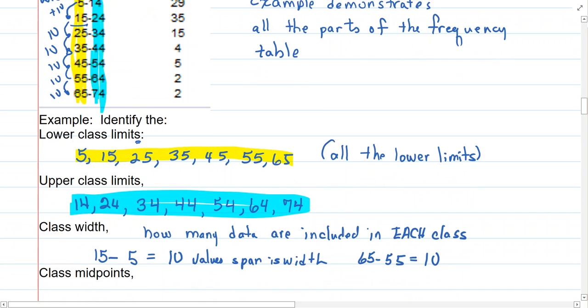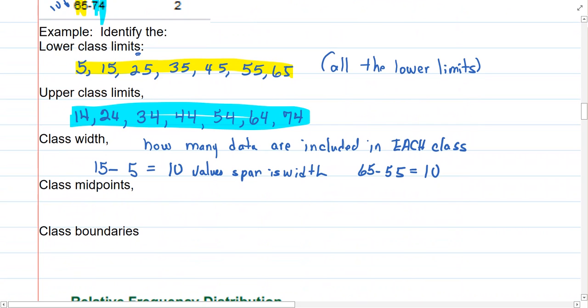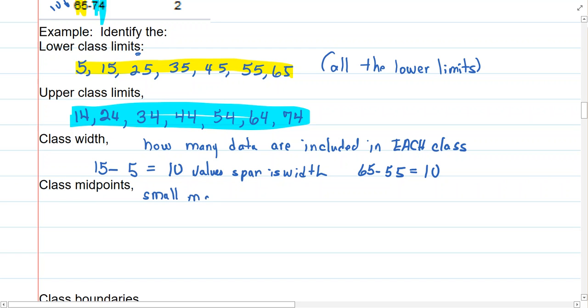Okay, now we're learning a whole bunch. The class midpoints. Now this one is small math, and we'll do them on the home screen. Unless you're very strong with the mathematics, you don't need it. Okay, and I'm going to construct them for you.